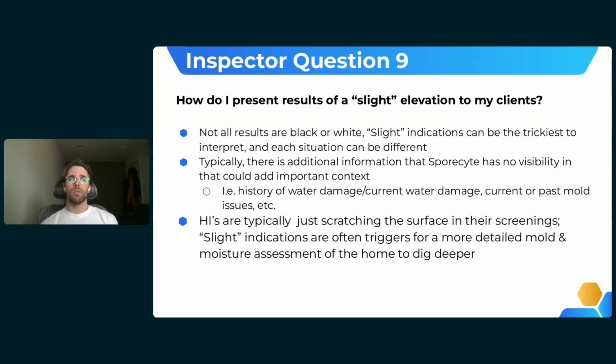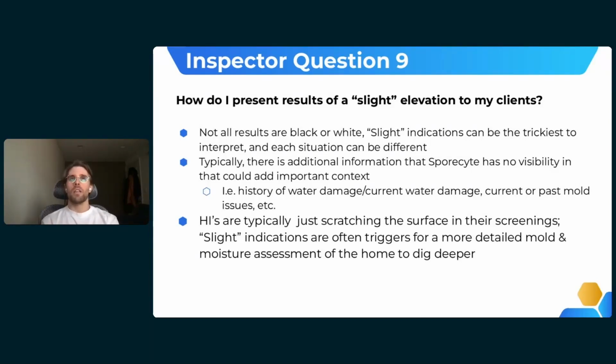But there can be situations where with a slight indication, you could say, hey, we've got a slight indication. We found surface samples that were positive, and we've got water damage in the bathroom. So I think, in my opinion, that there is a serious potential for a mold issue here. Those sorts of contexts that you may have or other inspectors may have at the property may be able to directly confirm a mold issue on a slight elevation.